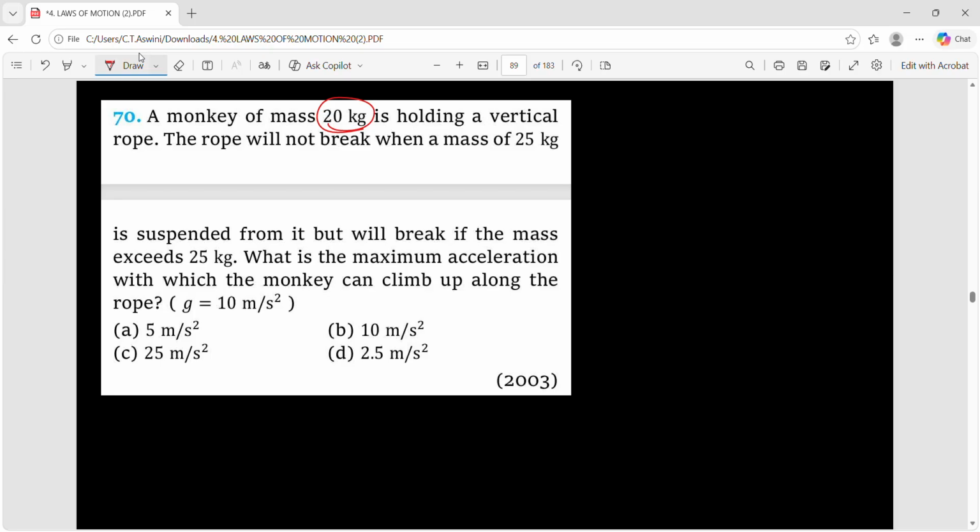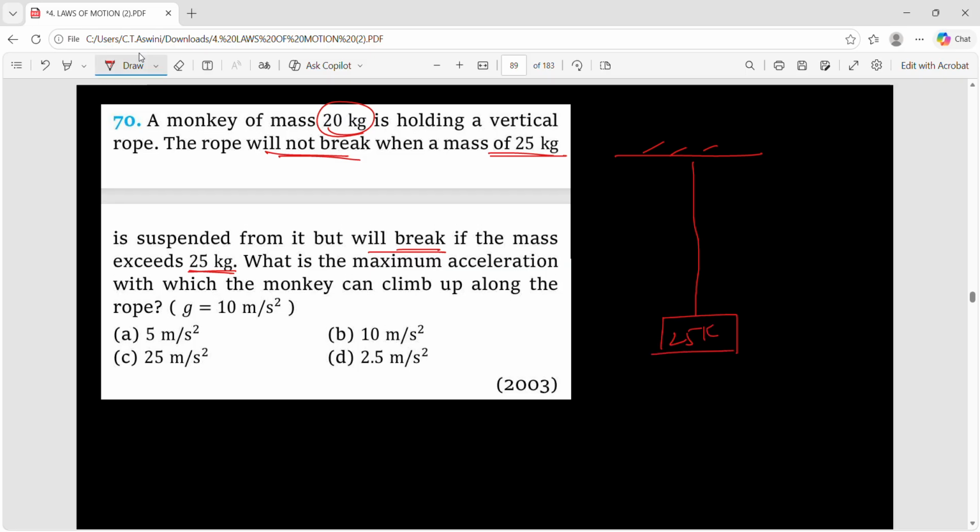A monkey of 20 kg is holding a vertical rope. The rope will not break when a mass of 25 kg is suspended from it, but it will break if the mass exceeds 25. That means this is a rope that will not break if the maximum mass attached is 25 kg. If you attach more than this, then it will break.